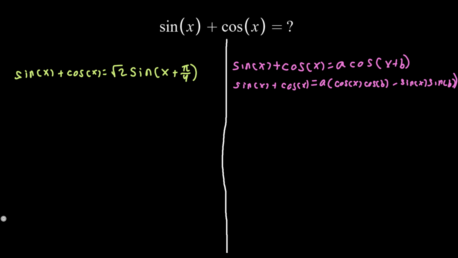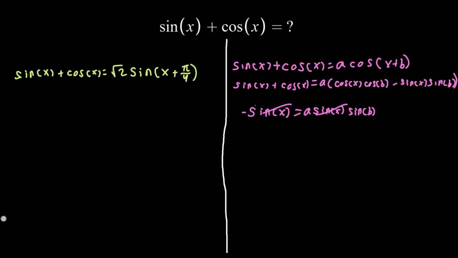We do the same thing and make the system of equations: sine of x is equal to a sine of x sine of b, and since we multiply by negative, that's negative sine x, and the sine x's cancel out.